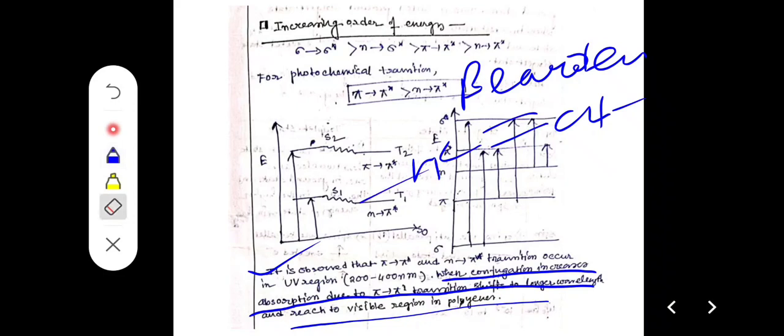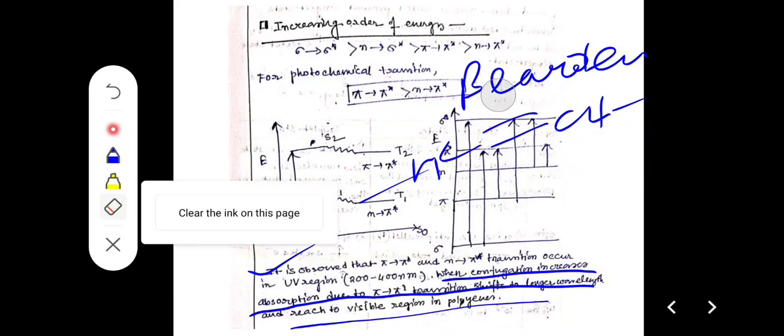There are many substituted or unsubstituted double bonds, but as extended conjugation is present in the beta carotene structure, beta carotene is an orange colored molecule. But ethylene is colorless, as there is no conjugation, only one pi to pi star transition possible, which goes to the 100 to 400 nanometer UV region. So we cannot see any color of the ethylene molecule.